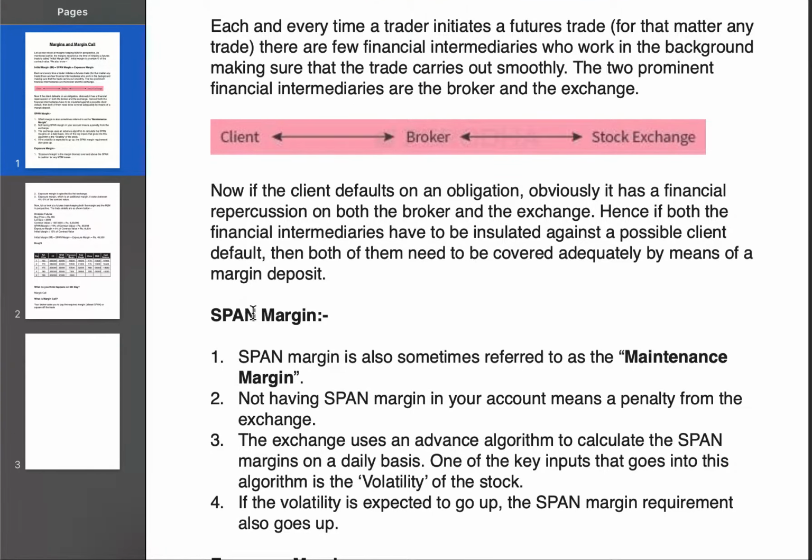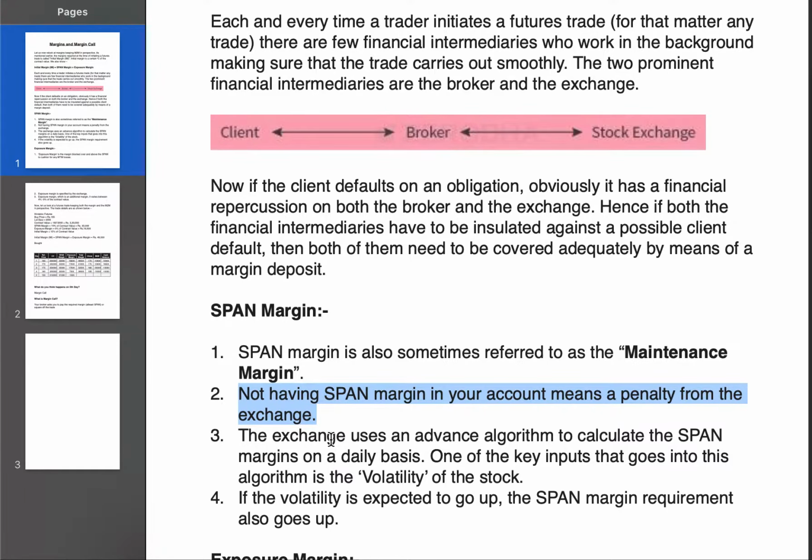So, span margin. Span margin is referred to as maintenance margin. You have to have at least the span margin in your account to be able to hold that futures contract. Because if you don't have that span margin, the broker would ask you to either settle or square off the contract, or pay additional margin that fulfills your span margin.